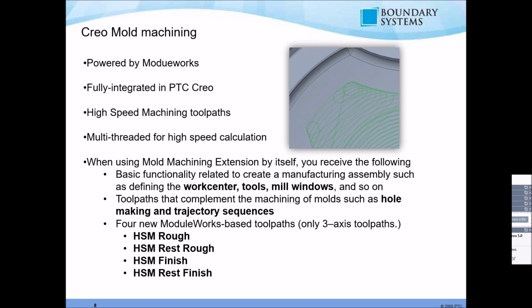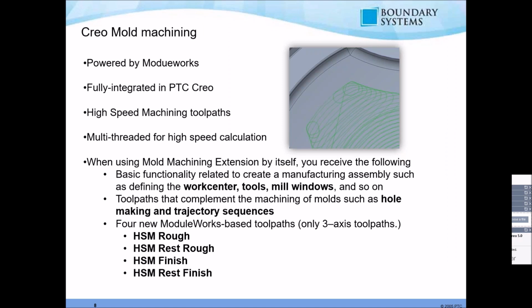sequences. And then just a few important things. Everything is exactly the same, so you'll still be able to create work centers, tools, and mill windows. So everything around that you'll be able to access, and that's not only if you have the Creo Mold Machining license. So you don't have the prismatic and things like that. This is the standalone Creo Mold Machining, so you'll still be able to do all of that.